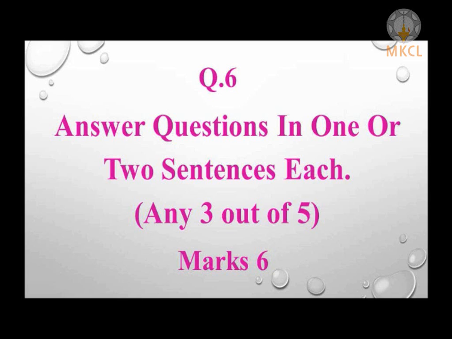So your answer goes this way: point 1, mixed economy is the coexistence of public and private sector. Point number 2, this means the means of production are owned and managed by the government in the public sector and by individuals in the private sector. So this way you have to give 2 points.